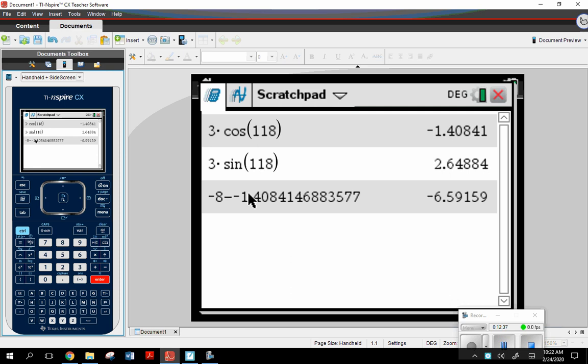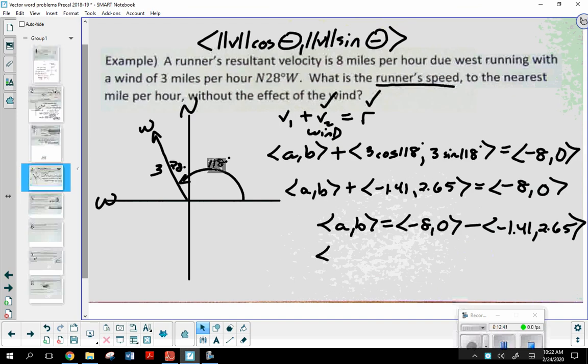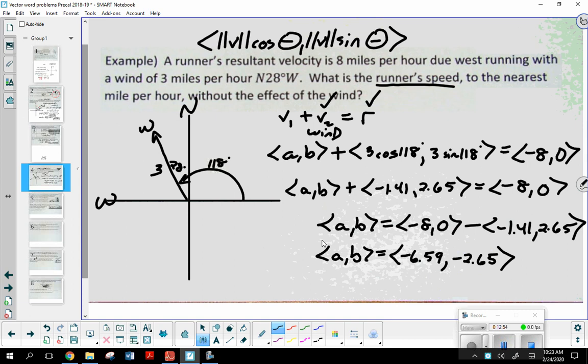For a, I'm getting negative 6.59. And then I need 0 minus 2.65. Well, that's easy. Negative 2.65. This is the vector that represents the runner's original direction and speed.